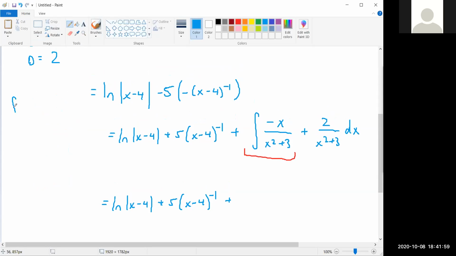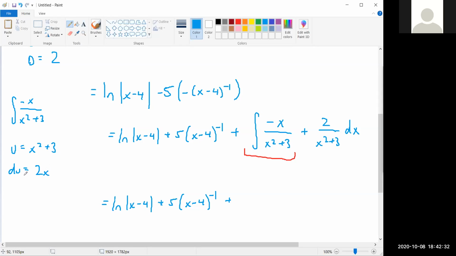We are trying to do the integral of -x over x squared plus 3. If you were to do a u substitution where u was x squared plus 3, you can just make the denominator one letter, u. But would that work? Let's see. Then du would be 2x. Do we have a 2x? Well, we have an x. So yes, it does work, because as long as we have the x there, it's fine.